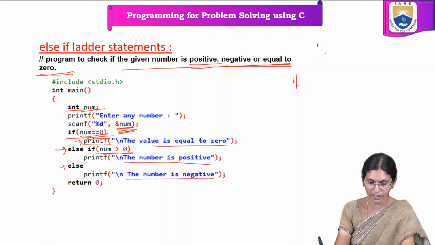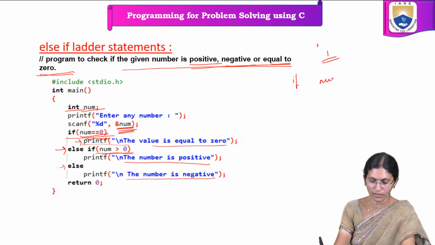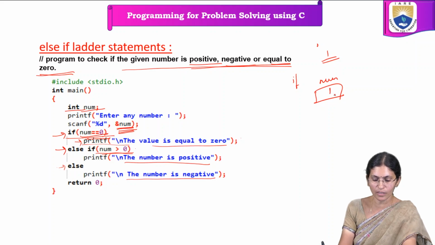Suppose the user enters the value 1, so that is read into the variable num. The first condition it will check is whether 1 is equal to 0, and this will evaluate to false. After that it will check the condition in the else if part: is this number greater than 0? 1 is greater than 0, which means that is true.